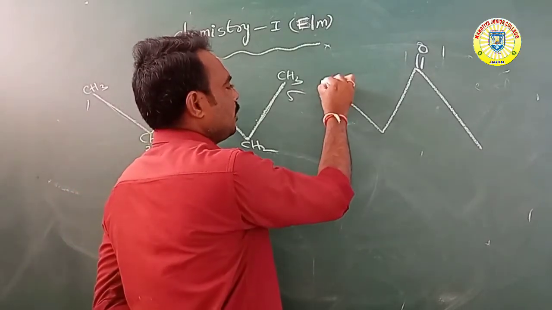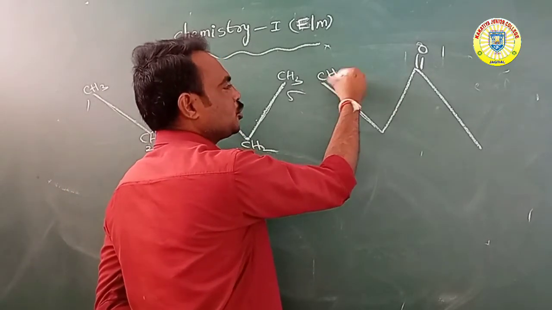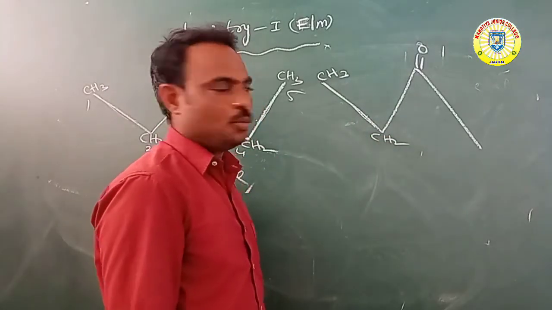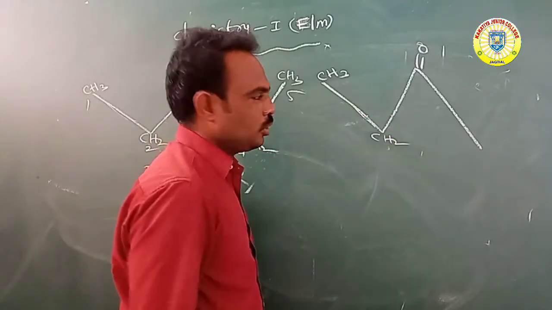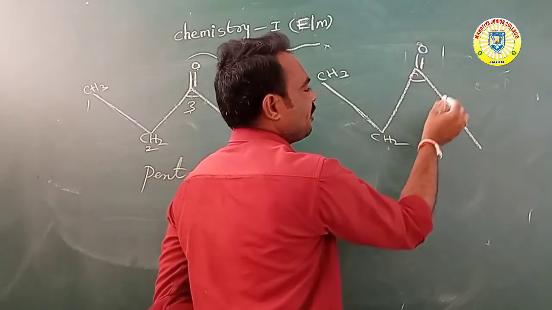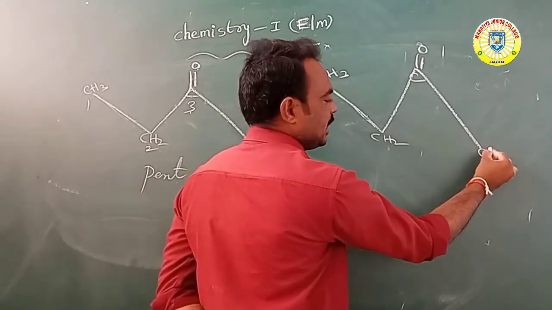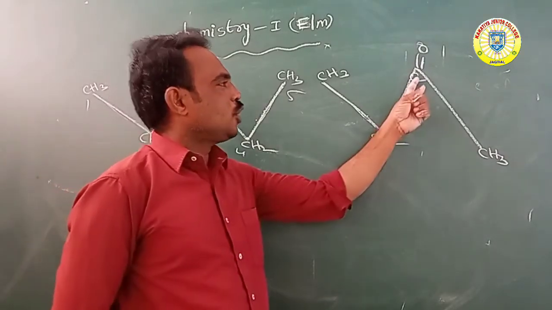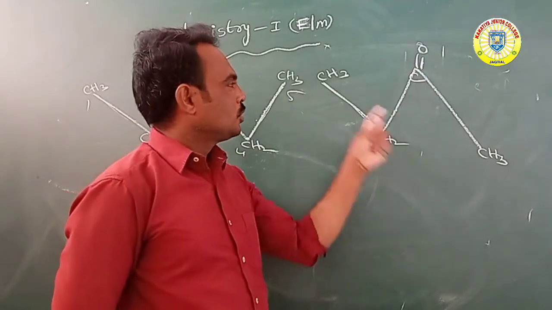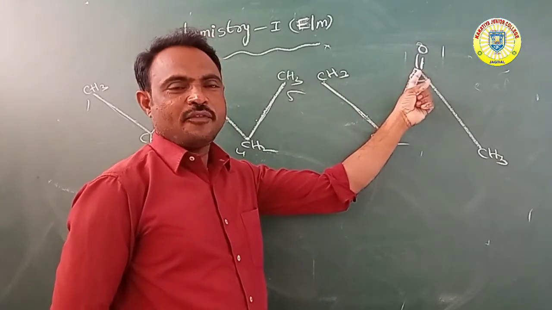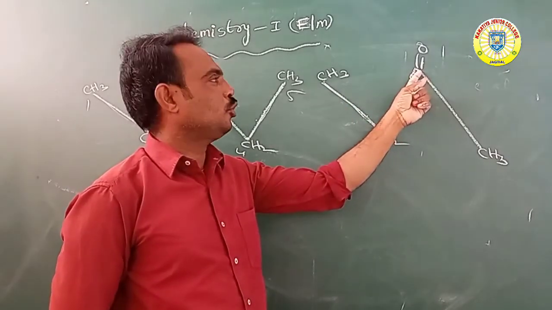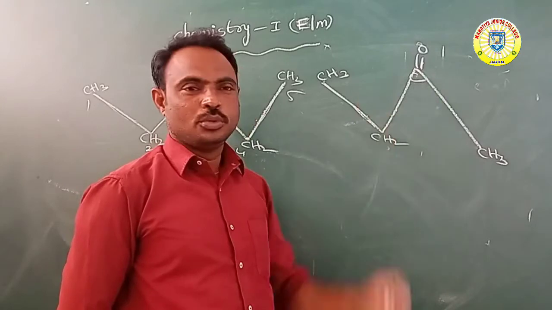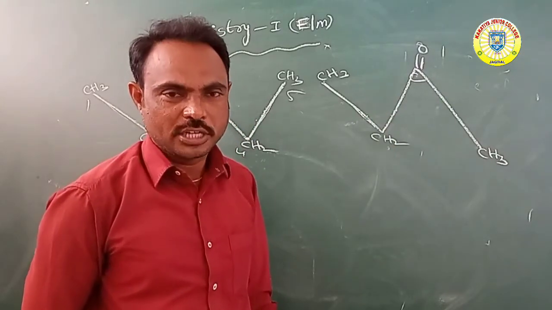Suppose this one has only a single bond, we write CH3. Then a double bond carbon, we write CH2 with 2 bonds, remaining CH2. So it is 1, 2, 3, 4 carbons. Next it is a single bond, we write CH3. Overall it is also attached with the ketone functional group. From the left side, 1, 2, 3, the third carbon; but from the right side, 1, 2, the second carbon is attached with the ketone functional group.